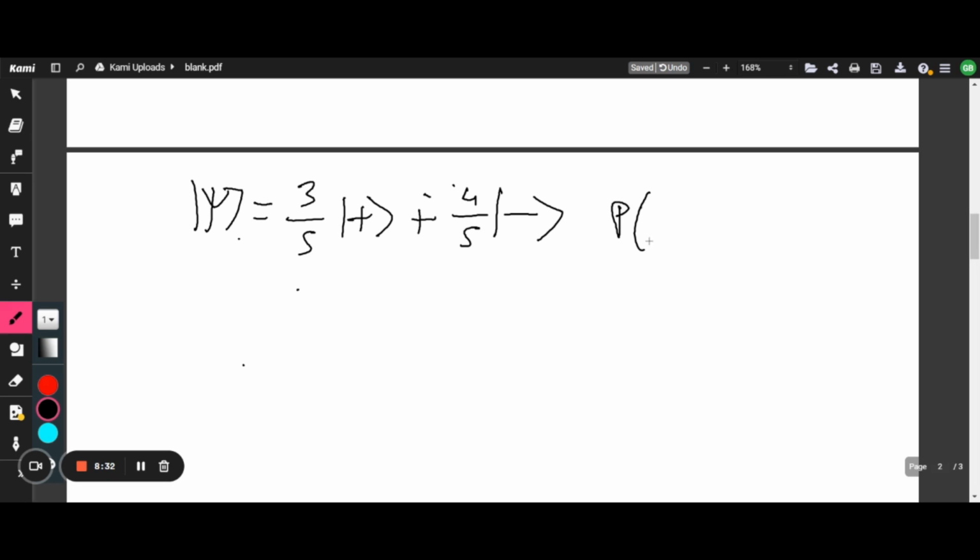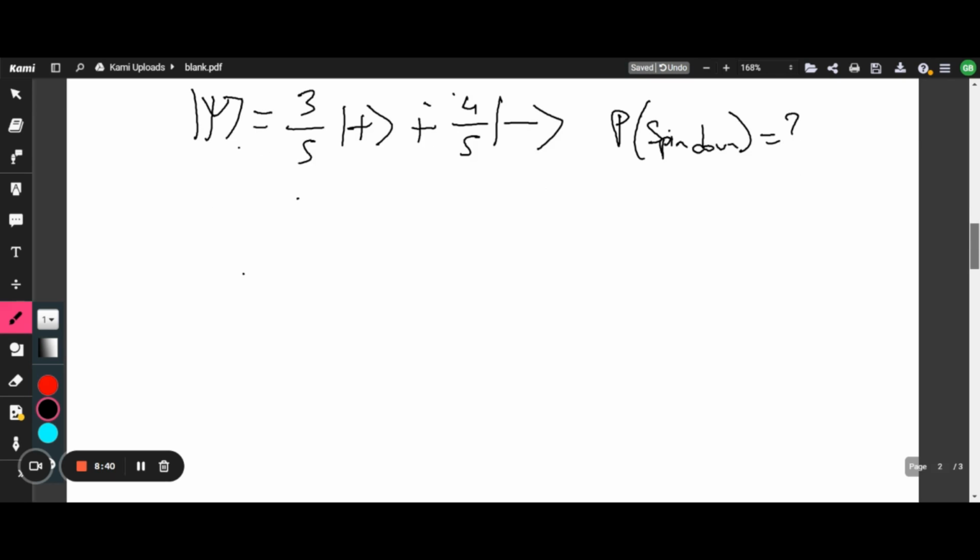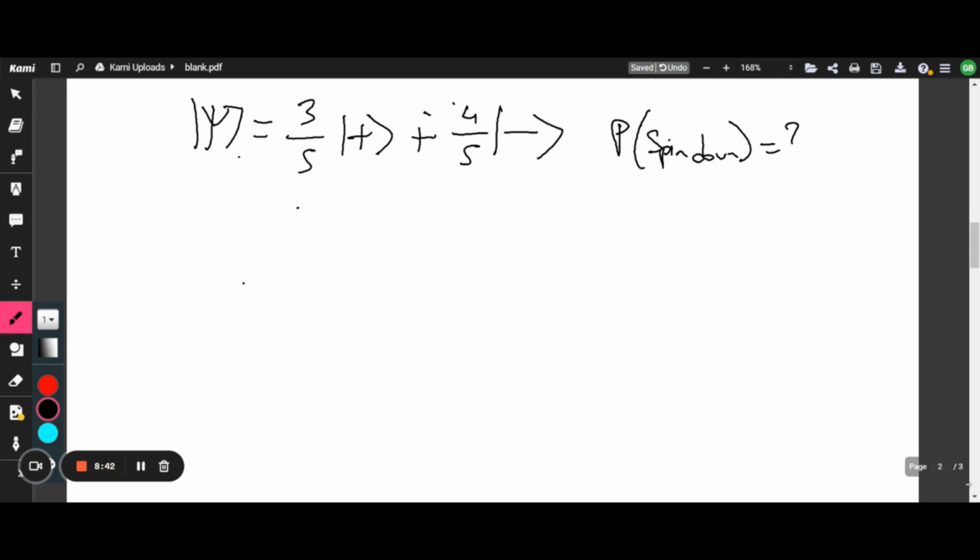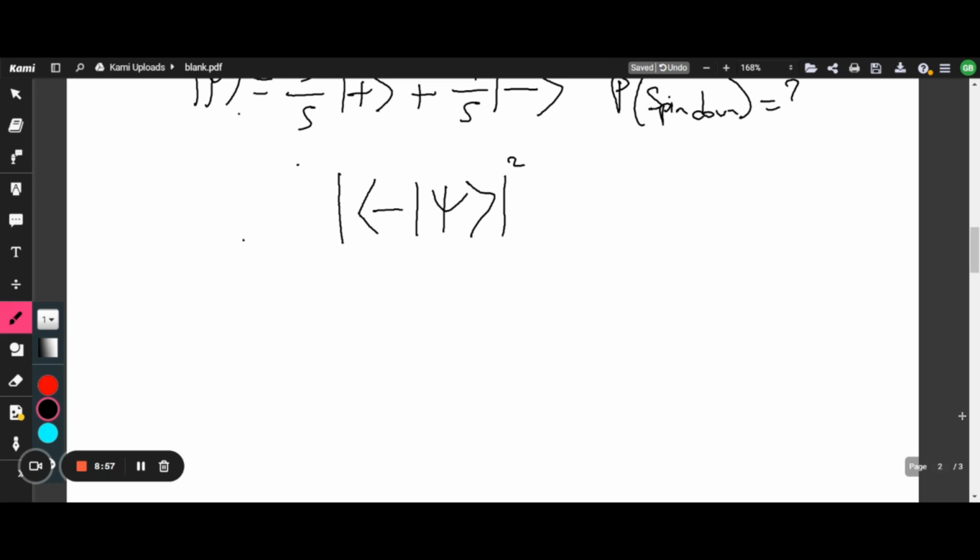So P of spin down equals what? Let us set up our probability equation: the absolute value of the spin down bra times the psi ket, squared.